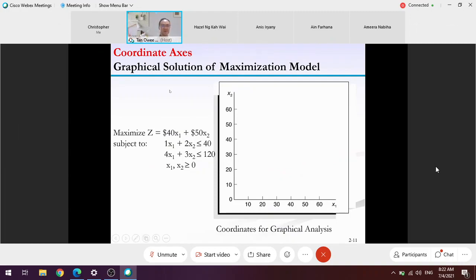X1, if I remember correctly, should be the number of balls to produce, and then X2 is the number of marks to produce. So yang langkah pertama saya tak perlu explain detail lah sebab ini memang dah belajar start daripada sekolah rendah kan. Okay, so that's done. Next is, yeah, correct, this is ball, this is mark.